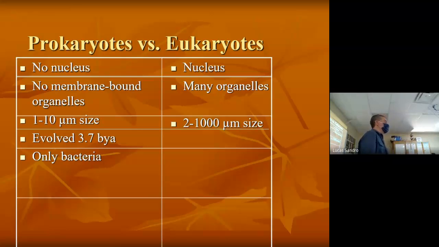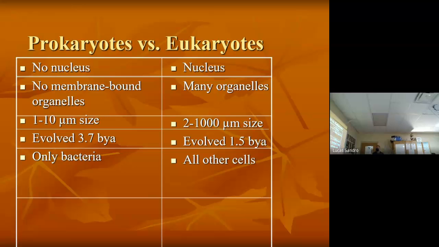There are cells that are that big, that are actually basically visible to the naked eye, because they're a millimeter in diameter, but only eukaryotes get that big. The human ovum, the human egg cell, is one that's that big. Evolved more recently. The first evidence we have of eukaryotic cells is 1.5 billion years ago.